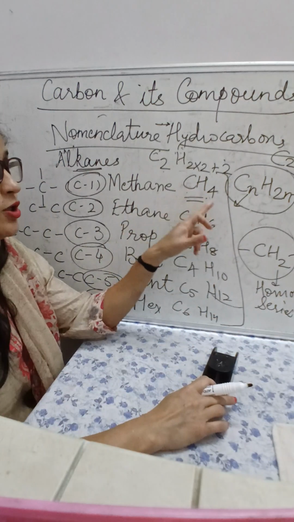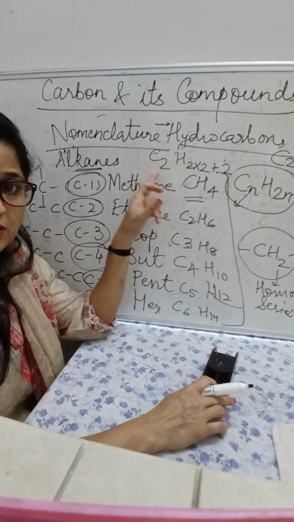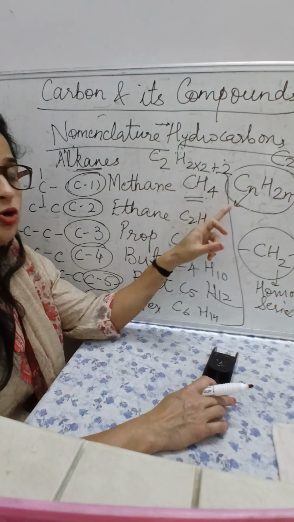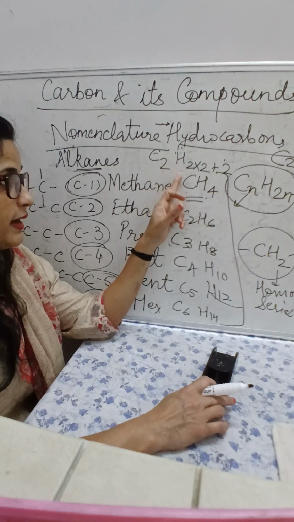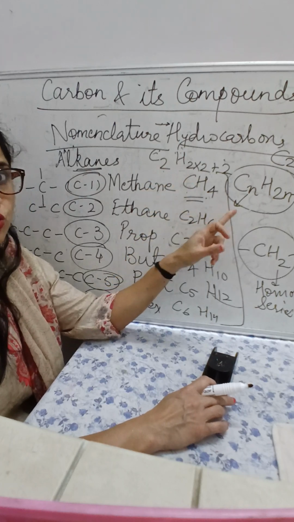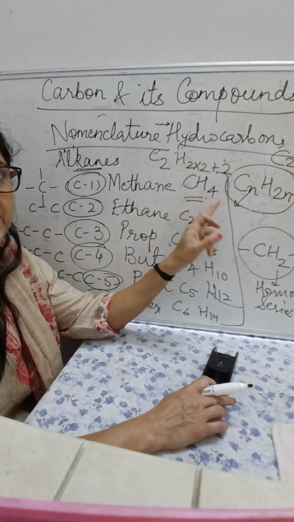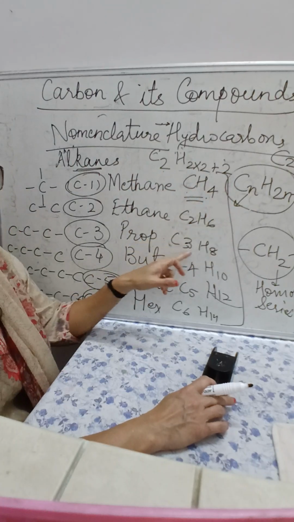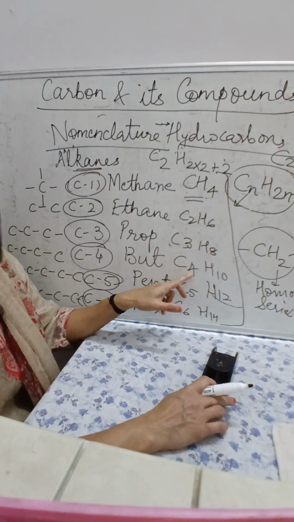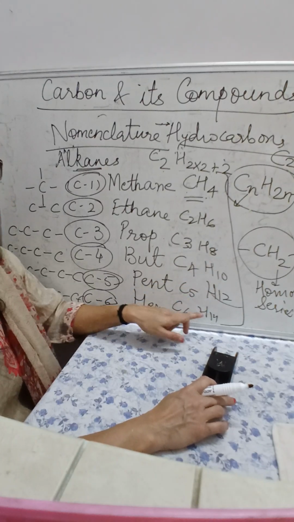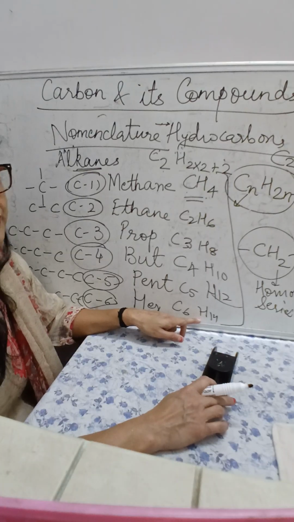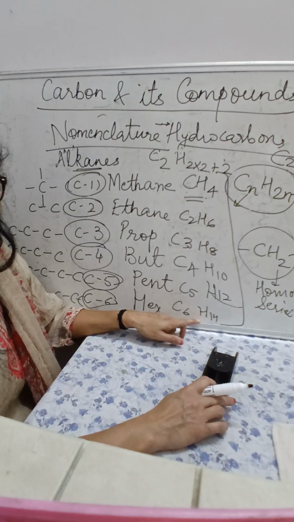So I hope you understood how we can calculate the chemical formula. n is equal to the number of carbon atoms, C2, H 2 multiplied by 2 plus 2. So it is going to give me C2H6. Similarly, C3H8, propane, C4H10, butane, C5H12, pentane, C6H14 is hexane.